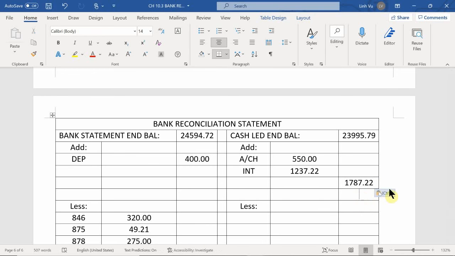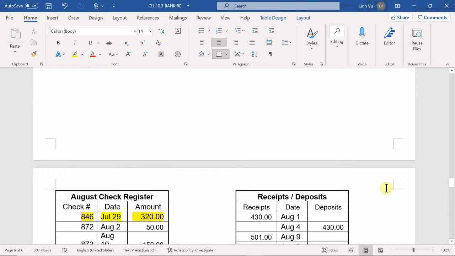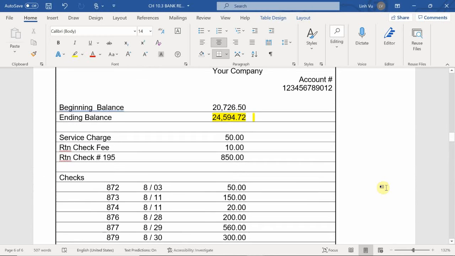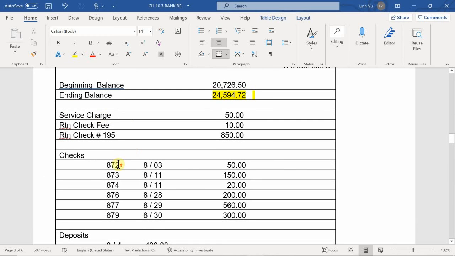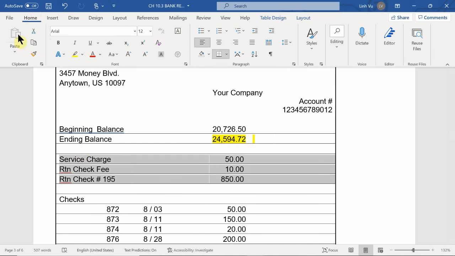And then what am I going to be subtracting out? My fees. I have quite a few fees here. I get a service charge for $50. I get charged a return check fee for $10.